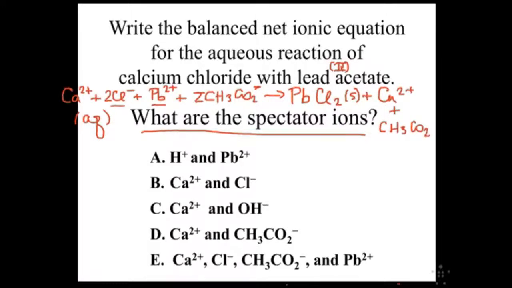Again, I've left off the state symbols because I'm out of space, but those are still going to be aqueous, and we've got 2 of those. So we can say that the calcium 2+ and the acetate are spectator ions, and that's what the question is asking for. It's calcium 2+ and acetate are the spectator ions. They don't really participate in the reaction.